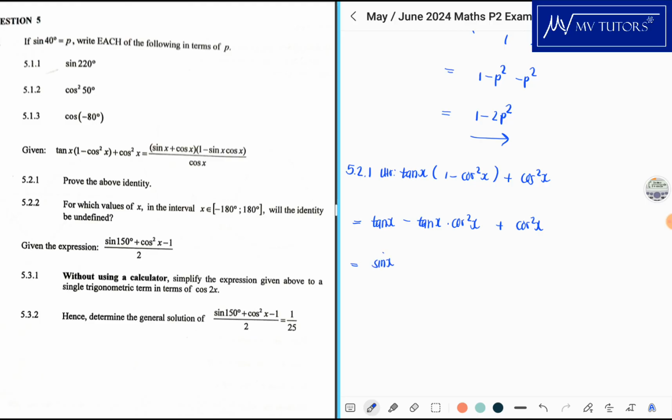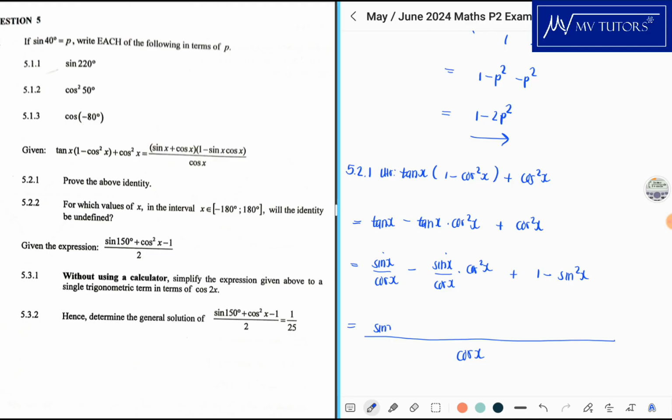So I have sine x over cos x minus sine x over cos x times cos squared x plus cos squared x, if you change it, it's going to be 1 minus sine squared x. Then I'm going to make cos x the denominator because I see in the answer cos x is the denominator.